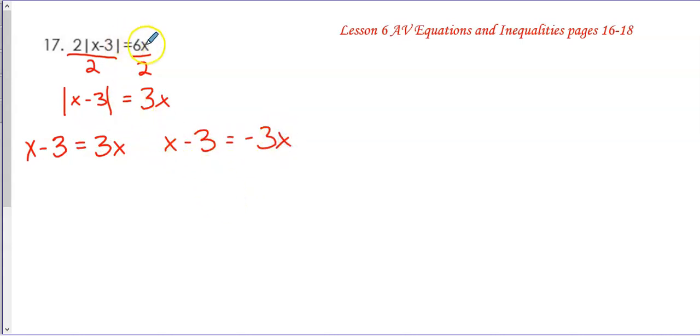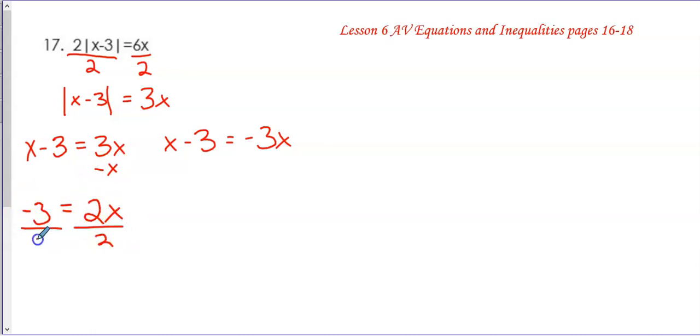I'm just going to warn you, if you see one where you've got a variable on this side, you want to definitely check your answers and see if they work with this. You could also go and graph this and see if both of the solutions are where these two intersect each other. So let's see, I'm going to subtract x here. Negative 3 equals 2x.